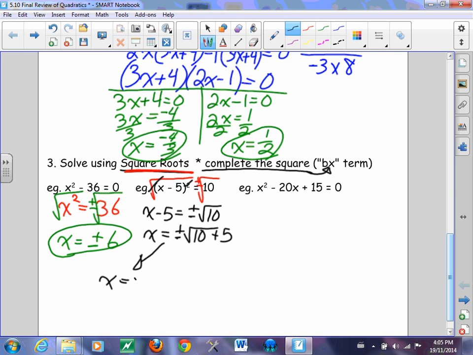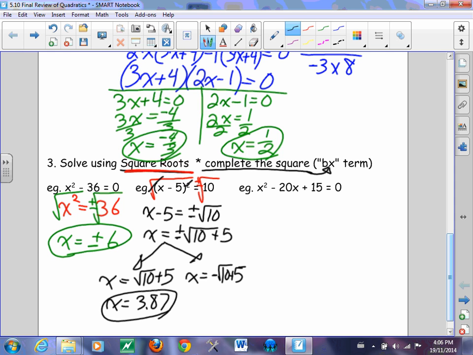So x equals 5 plus root 10, or x equals 5 minus root 10. Okay? Plug it in your calculator, ladies and gentlemen, and you should have x equals approximately 3.87. That's one answer. And x equals approximately 1.84 is your second answer. Okay? So, ladies and gentlemen, just remember that whenever you get a decimal answer, you wouldn't be able to factor these.